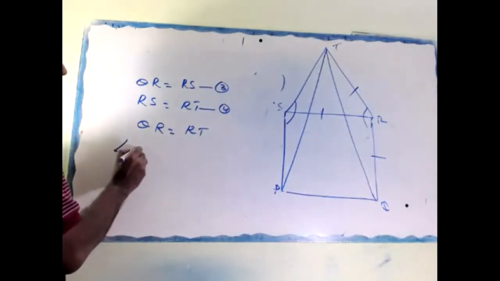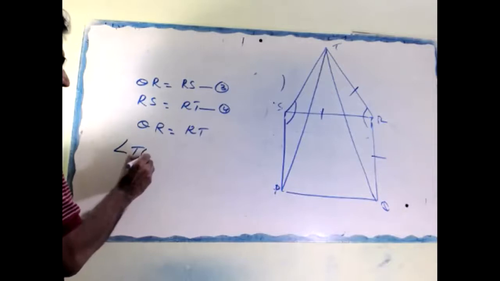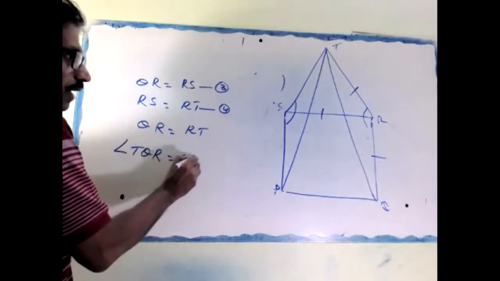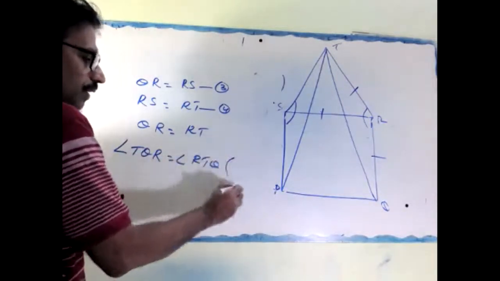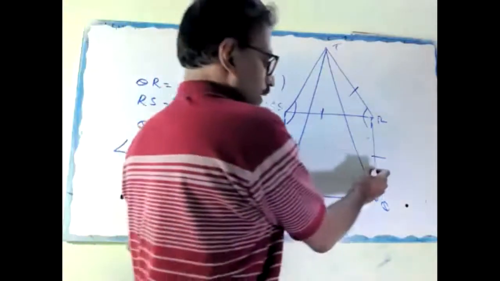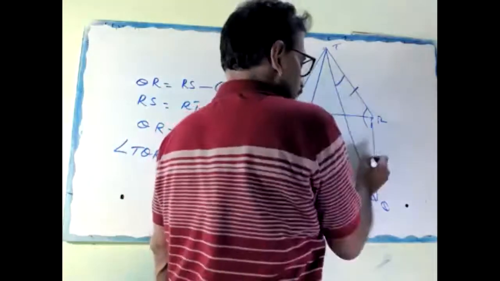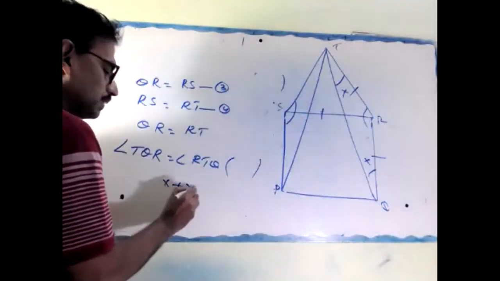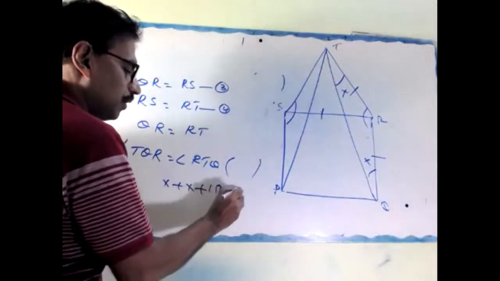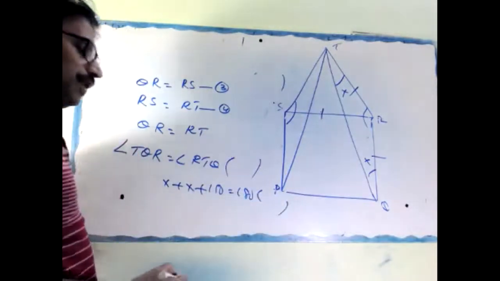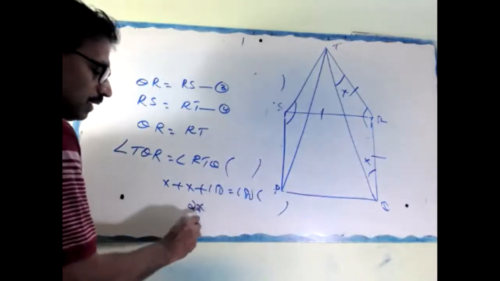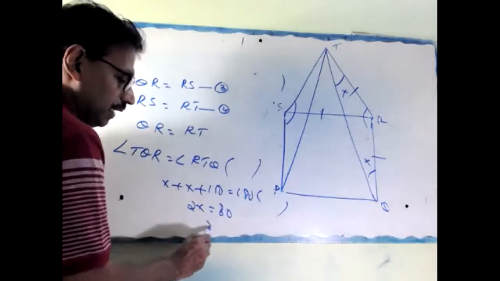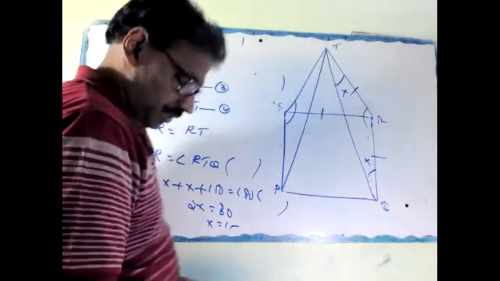Therefore, angle TQR equal to angle RTQ. Why? Angles opposite to equal sides are equal. So this angle X, here X. X plus 150 equal to 180, angle sum property of a triangle. So 2x equal to 30, x equal to 15.